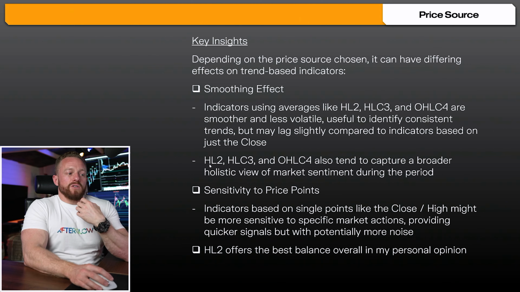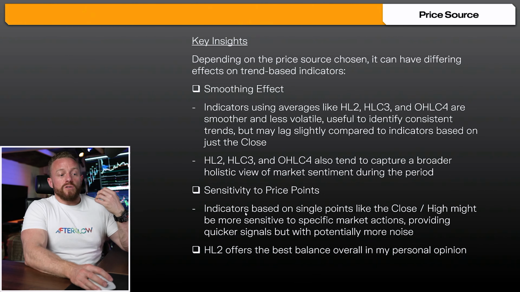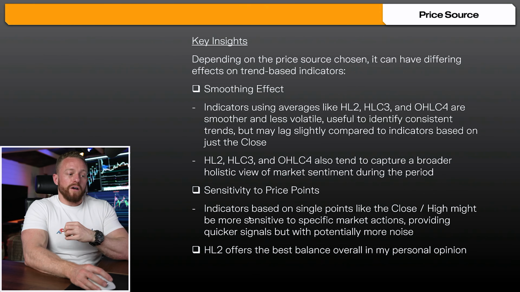Also, the HL2 and the other average ones tend to capture a broader holistic view of the market sentiment. So that's in terms of smoothing. And then in terms of sensitivity to price action, the choices like the open or close or high are going to be a bit more sensitive, giving you a quicker signal, but with a bit more noise.